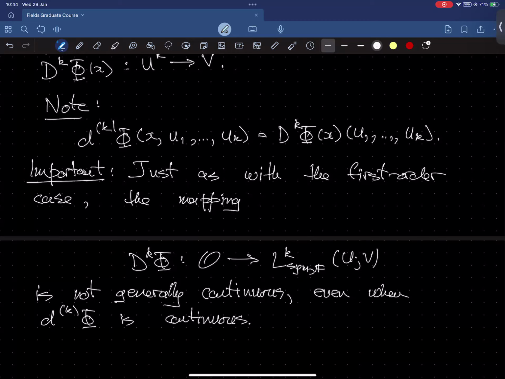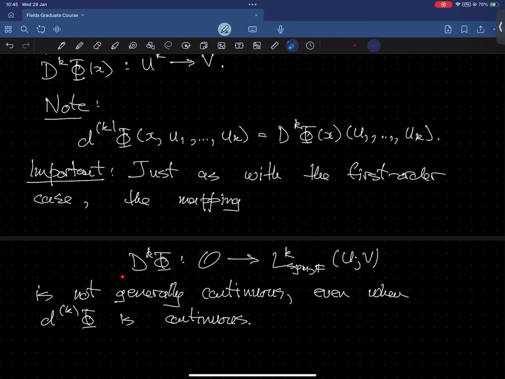We talked about this in a little bit of detail in the last lecture. There are two problems with ascertaining the continuity of D^k phi. One is that just like the set of linear mappings between two arbitrary locally convex spaces U and V does not have a natural topology, that's also certainly true of the symmetric multilinear mappings.